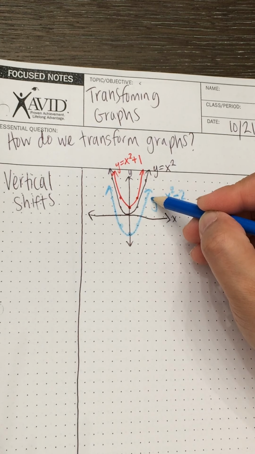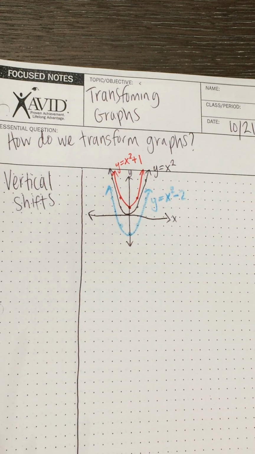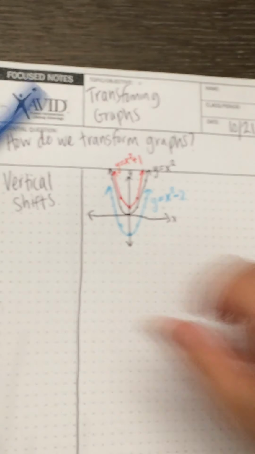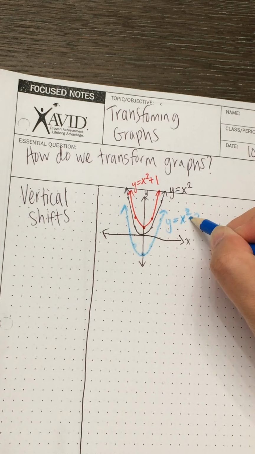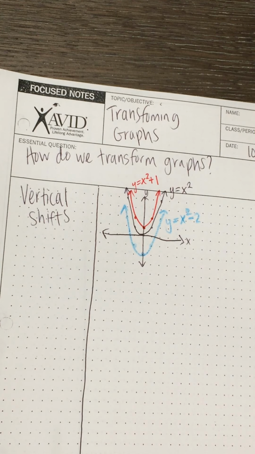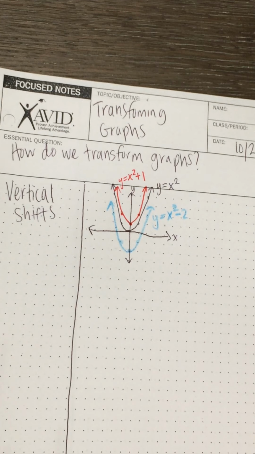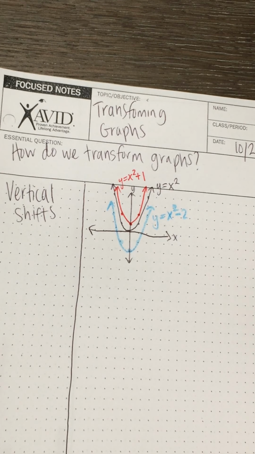And I kind of chose a lighter blue here. I forgot I was going to grab a different color pencil, so that is darker, but hopefully we can see this. This is y equals x squared minus 2. So let's take a look. What caused it to shift up?